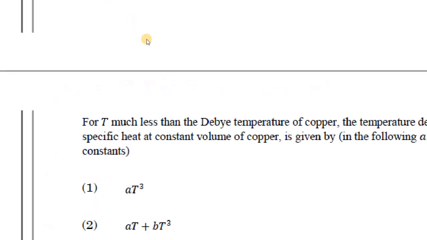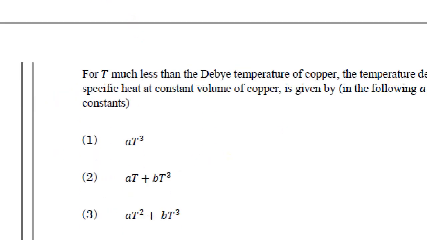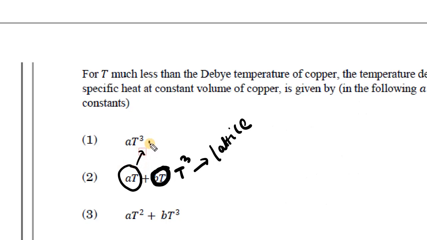So for that, what you need to see is, this T^3 term is for the lattice, and this other part is for the electrons, this is electronic.